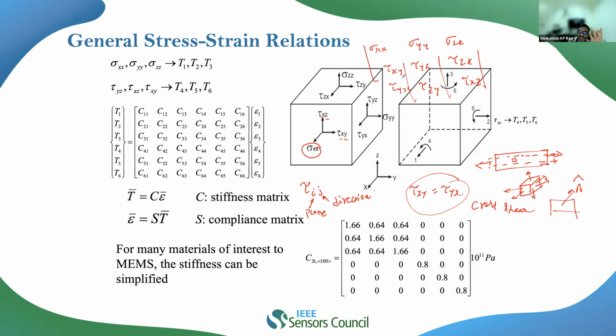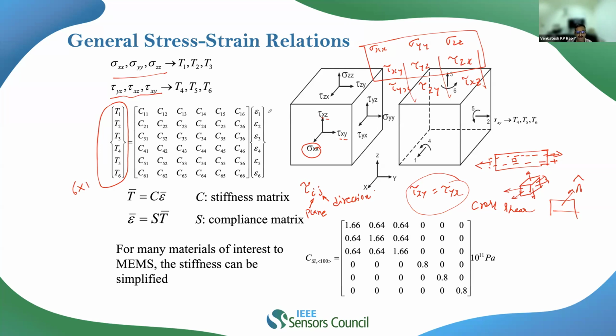So that's how we get the six components of stress: three normal stress components and three shear stress components. These are T1, T2, T3 till T6, which are basically the stress vector. T1, T2, T3 are the normal stresses, and T4, T5, T6 are the shear stresses. So you can see that this is a 6 by 1 vector.